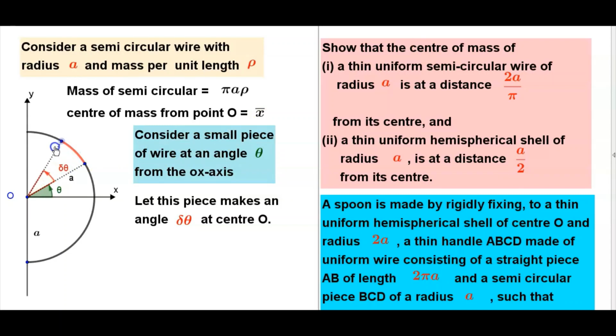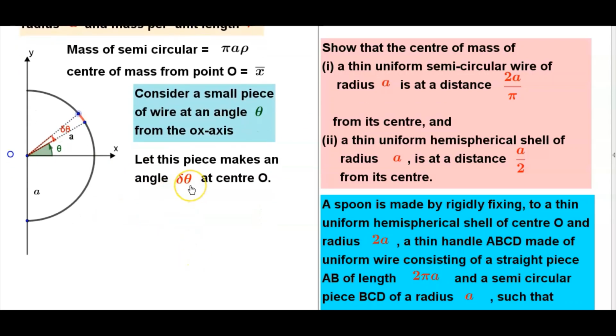So delta theta is a very small angle. When the piece of wire is very small, the delta theta is also very small. That is why we mention the angle delta theta as a small angle.